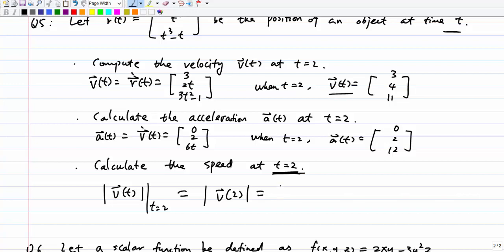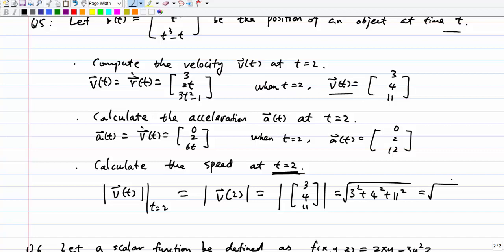So it's just the length of the vector 3, 4, 11, which is the square root of 3 squared plus 4 squared plus 11 squared, which is the square root of 146.